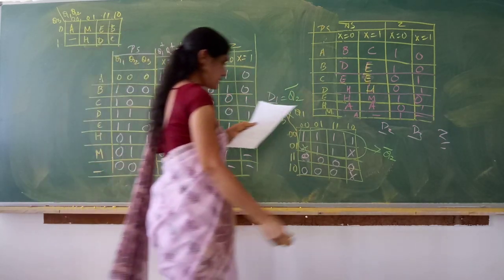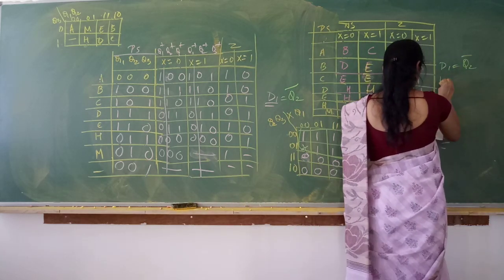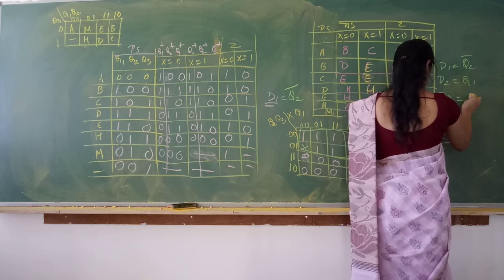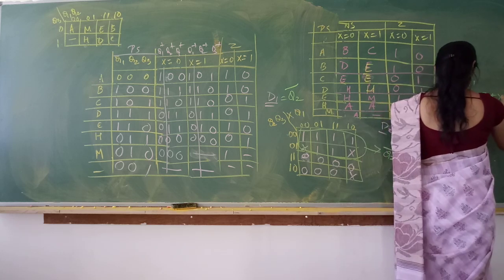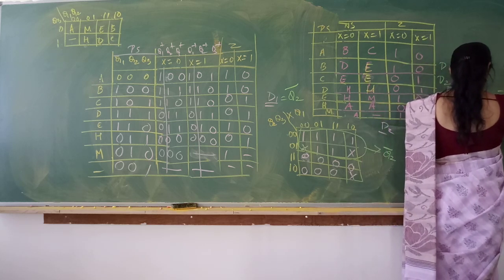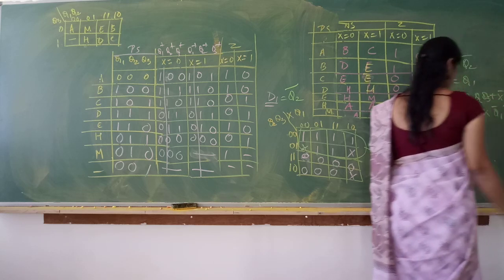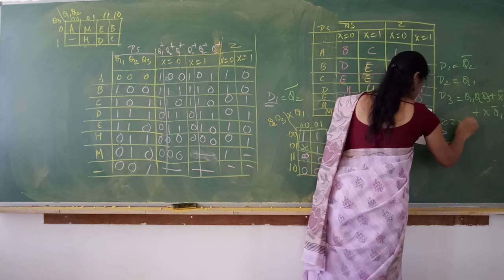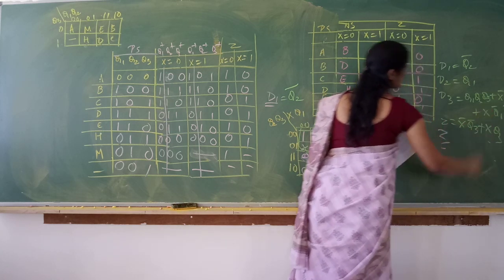Like this, you get the equation for D1 as Q2 bar, D2 is equal to Q1, D3 is equal to Q1 Q2 Q3 plus X bar Q1 Q3 bar plus X Q1 bar Q2 bar. And the output equation is X bar Q3 bar plus X Q3.